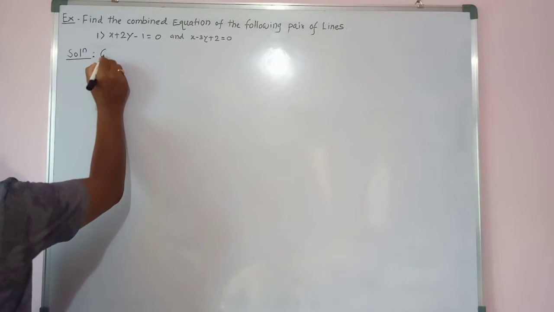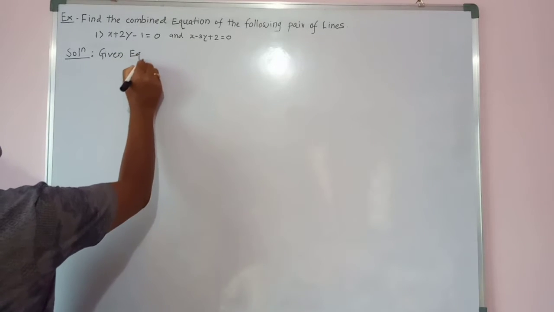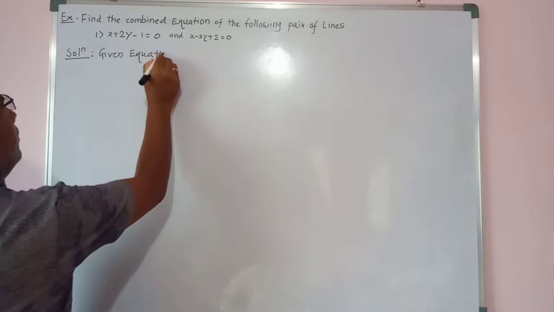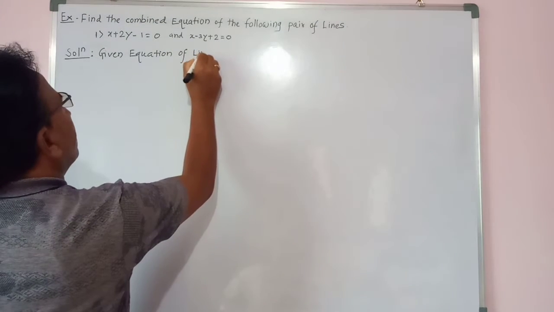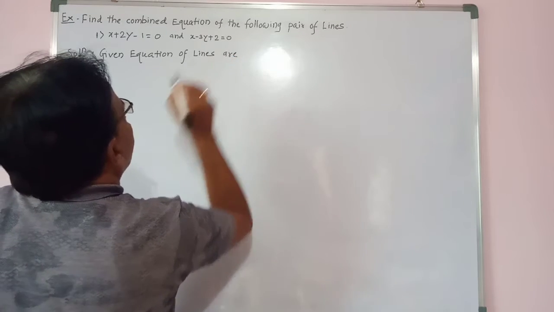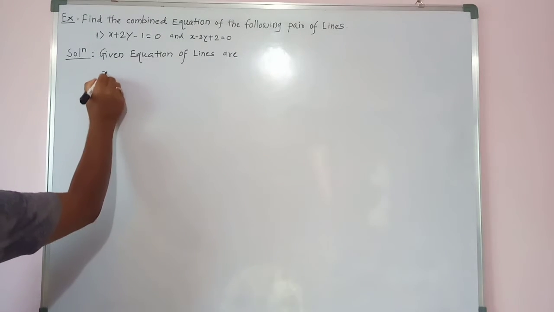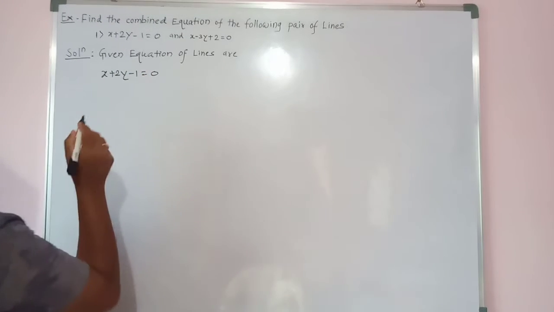Given equation of lines are x plus 2y minus 1 equal to 0.